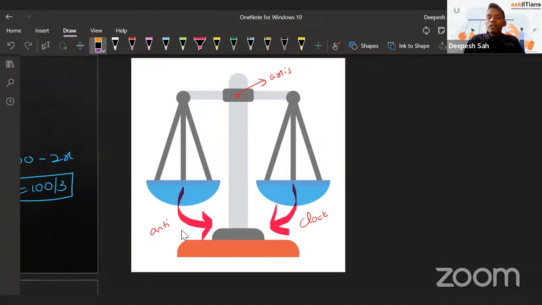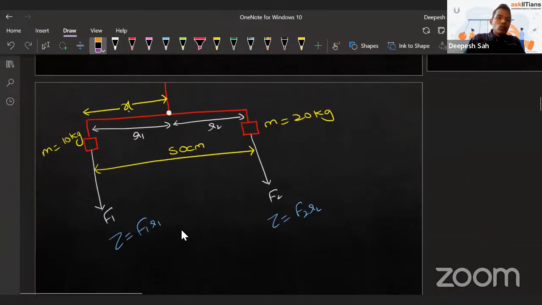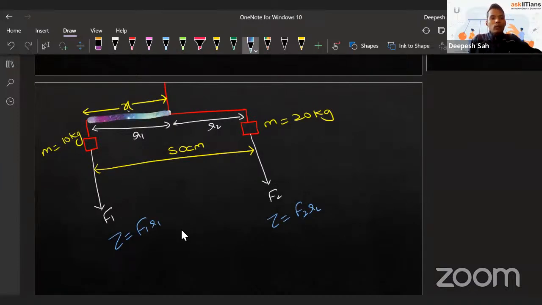It's just like a balanced force. We can also say balanced torque. So imagine a situation like this. I have a weighing scale. At a distance R1, I have a 10 kg body. At a distance R2, I have a 20 kg body. So I will calculate the torque here as well as here, and I will put them equal to one another. We'll get the answer.